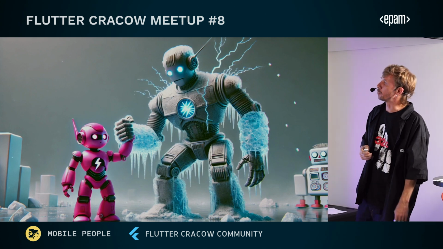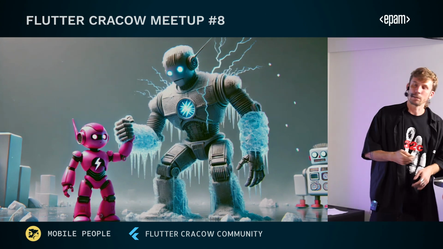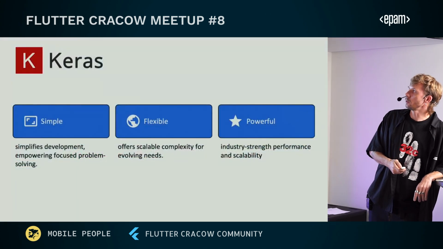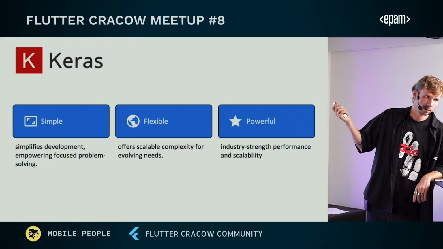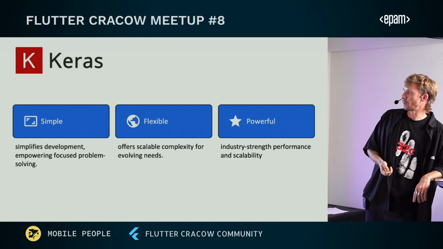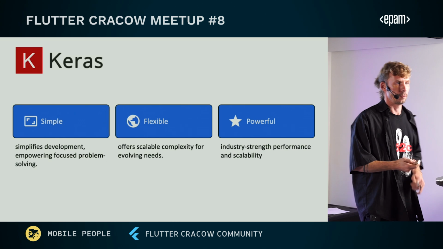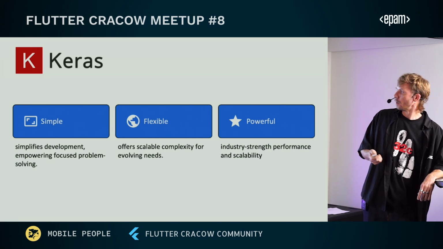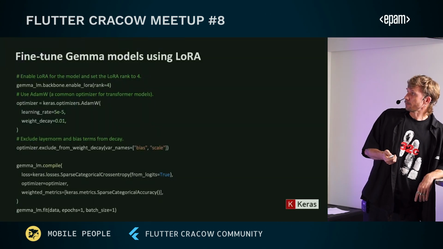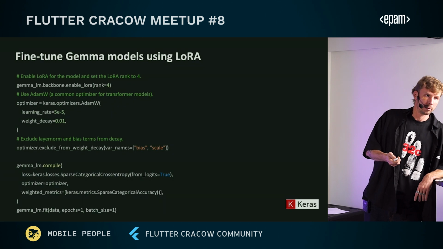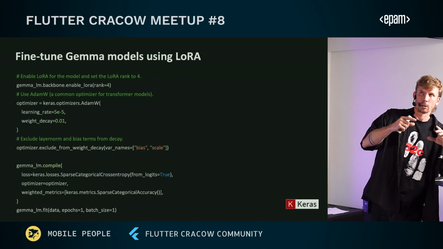If you would like to try this, there are a lot of tools that give you such an opportunity, and the main of these tools is Keras. It's a tool for simplifying work with AI models. And you can just upload your additional fine-tuning data.